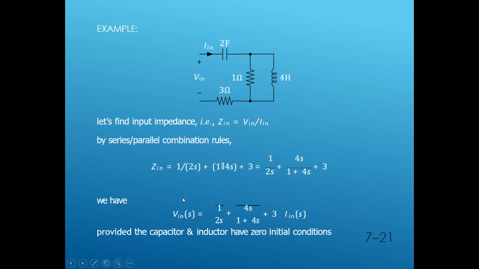We have V_in equal to that impedance times I(s), provided the capacitor and inductor have zero initial conditions.